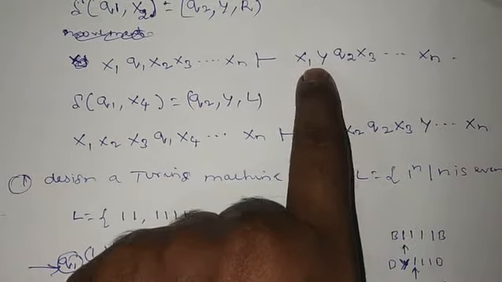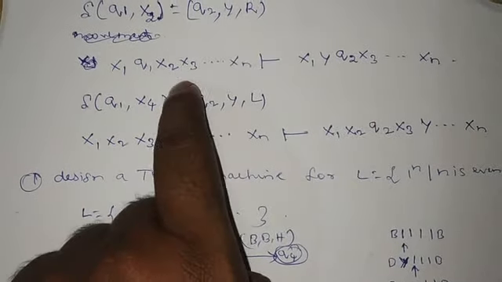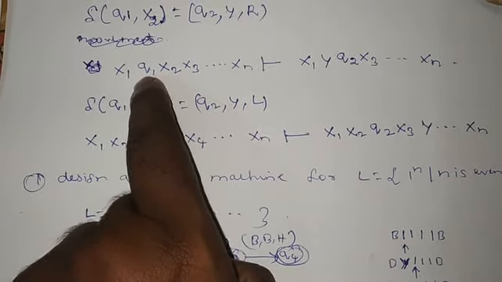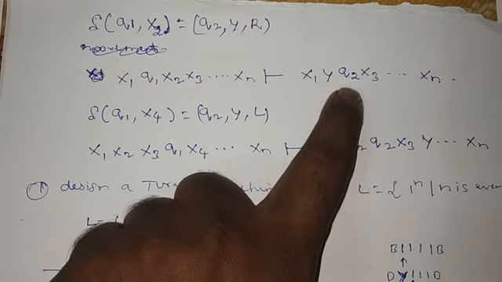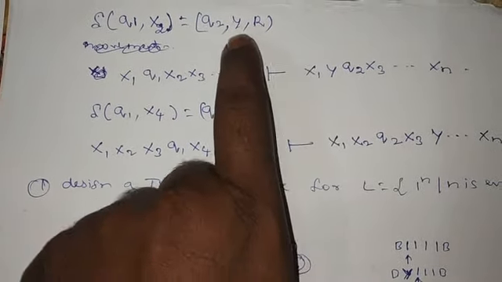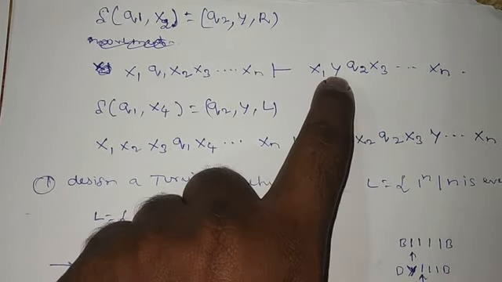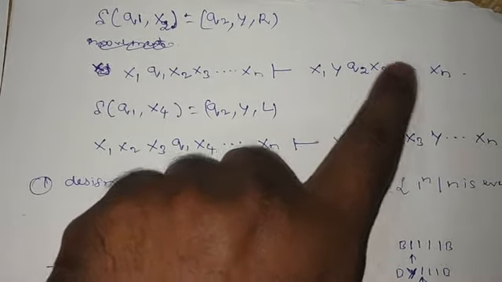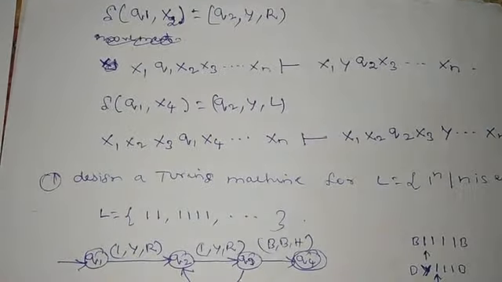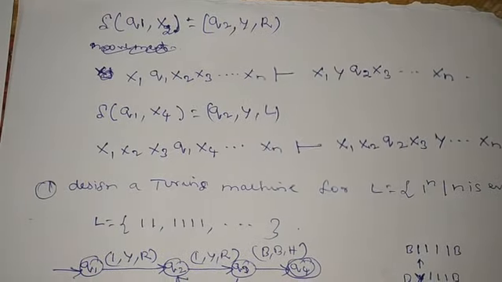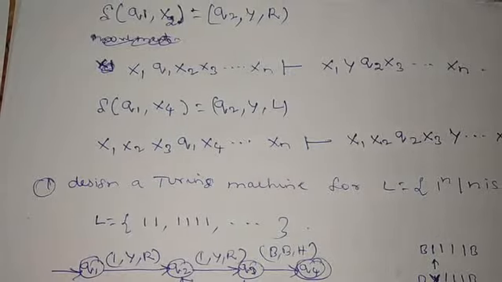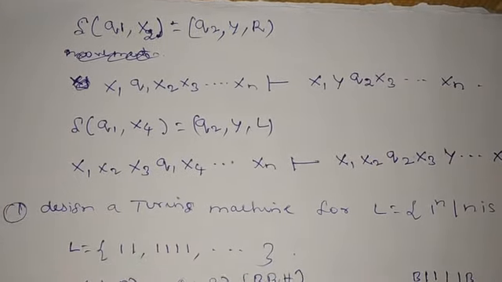So that's why I make it Q2, and this X2 will come to the left side, where it is replaced by Y. So it will be X1, Y, Q2, X3, X1. That means Q1 moves one step to the right and becomes Q2.